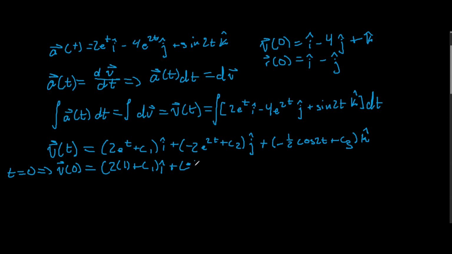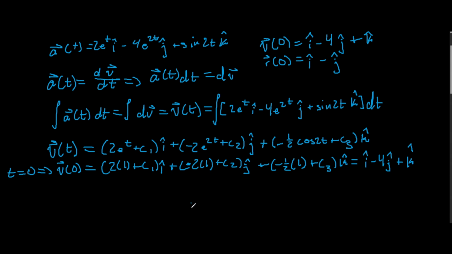So it's negative 2 times 1 plus the second constant times the j unit vector, plus negative 1/2, and cosine of 0 will be 1, plus the third constant in the k direction. And since this is velocity at 0, it's also equal to the initial condition. So this is the same as i minus 4j plus k.